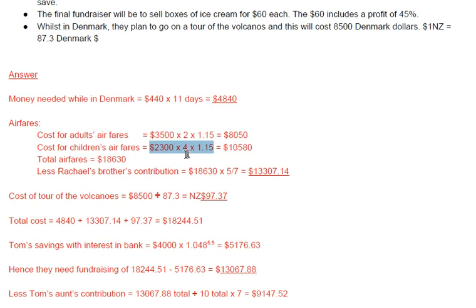If you go 2,300, well, okay, that's 4600, and then we've got 9200. And then if you write down equals 9200 times 1.15, well, it's actually not equal to 9200 times 1.15.